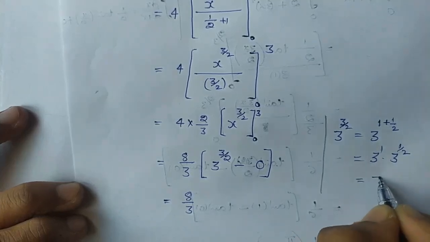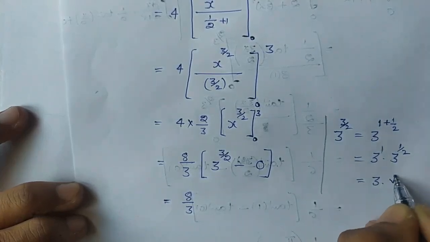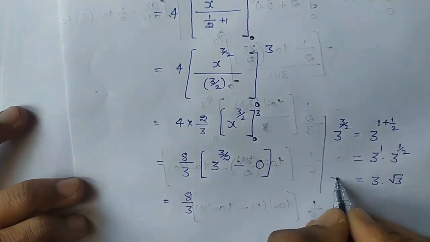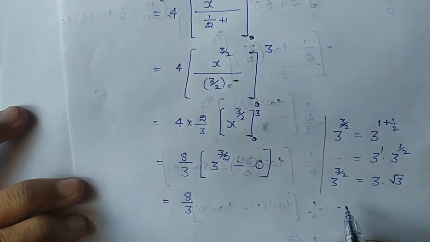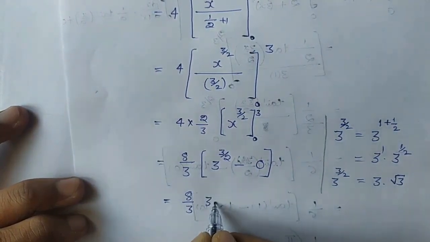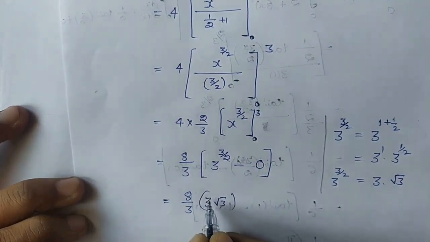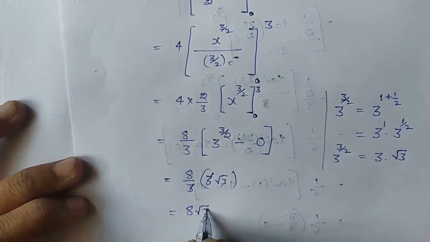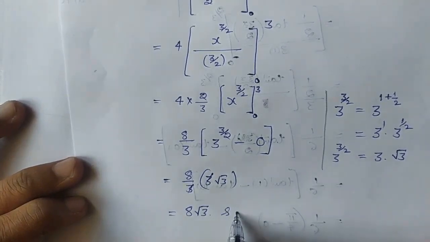So that is equals to 3 into 3 power 1 by 2, which is root 3. 3 into root 3. The simplification of 3 power 3 by 2 is 3 into root 3. So 3 will get cancelled. That is equals to 8 into root 3 square units.